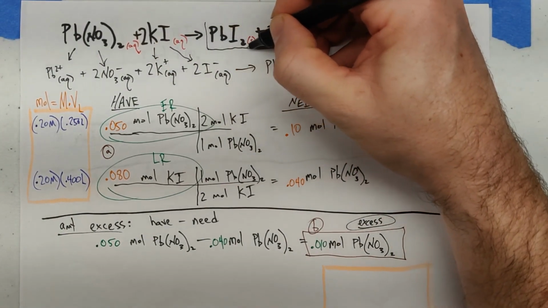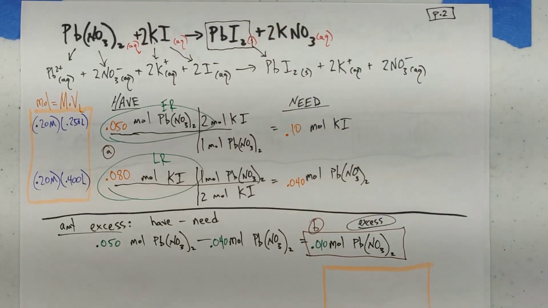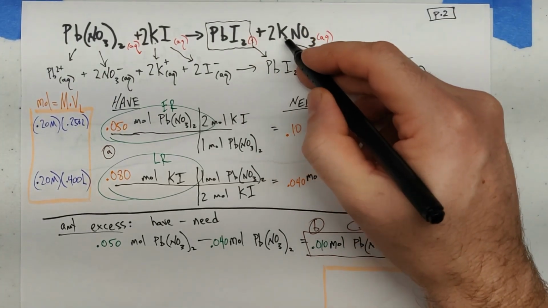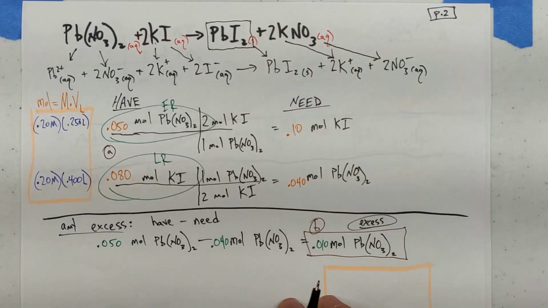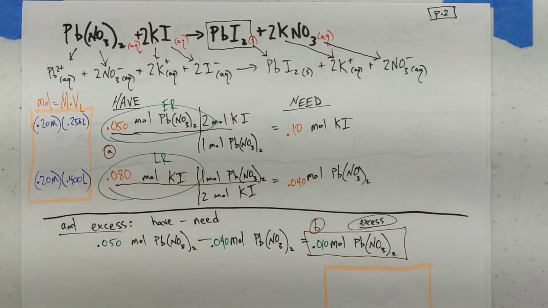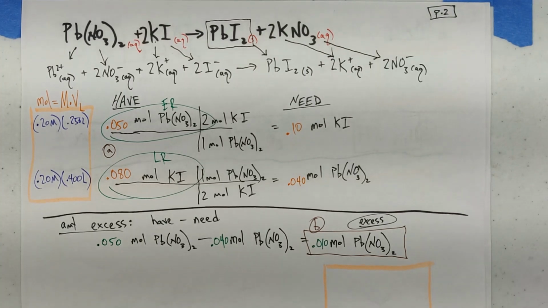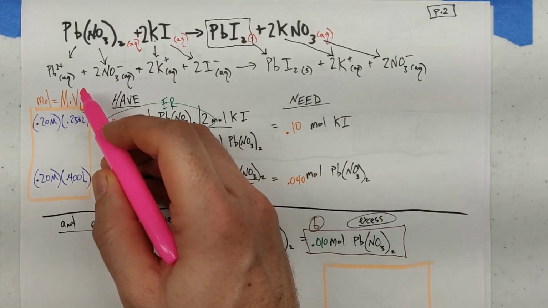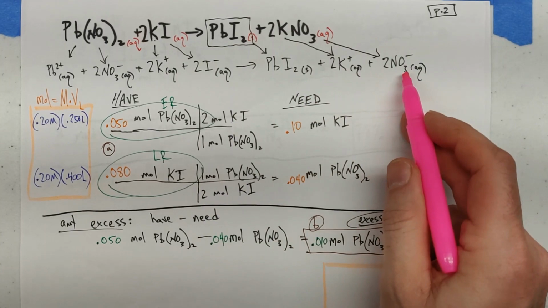This is solid, it is insoluble. So that did not dissociate, but our potassium ions, we have 2 of those, and we also have 2 of our nitrate ions. When we were looking at the idea of spectator ions in double replacement reactions, when we were trying to get complete ionic equations and net ionic equations, we're going to look for the spectators that remain unchanged from reactants to products. So lead ions, I don't have lead ions on the product side.